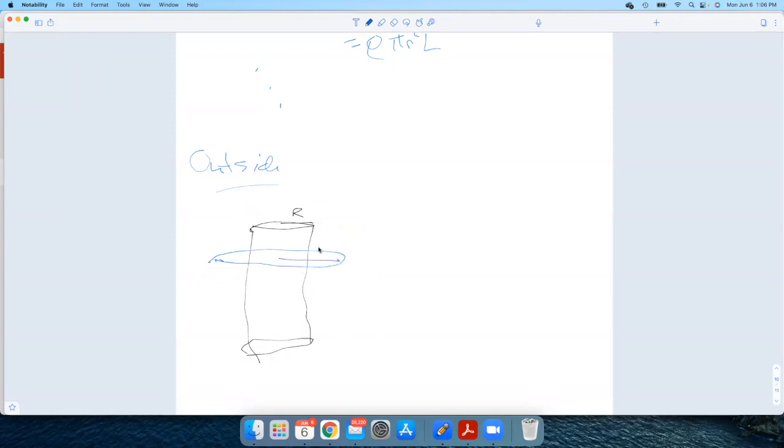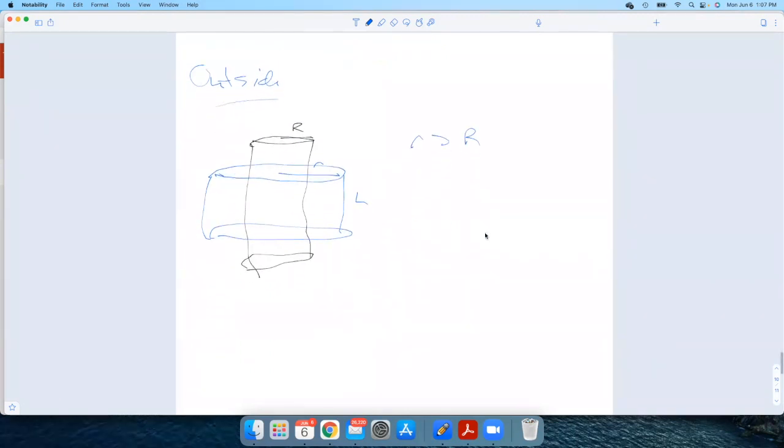Little r bigger than big R. And I have to put a length on here. So now we have this. Now all the other stuff's still going to apply. We're going to find the flux through each side, all that stuff. It's all going to be exactly the same as when we did the line. Everything here is going to be the same as for the line for this part of Gauss's law.